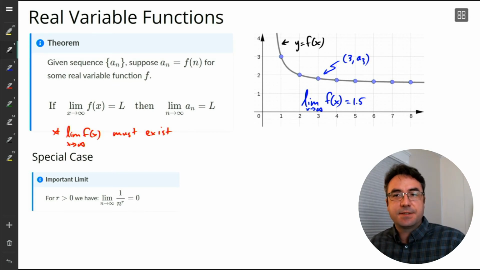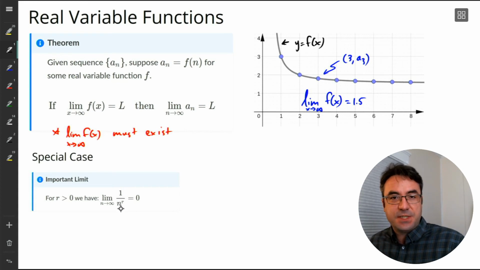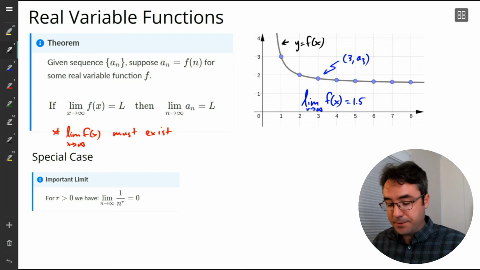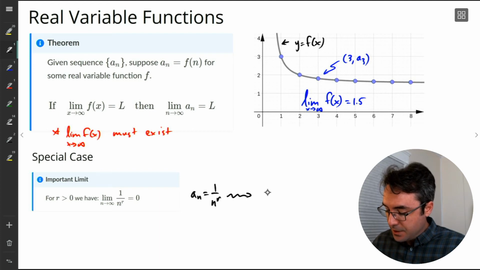So why is this? Well, we can relate this sequence here to a real variable function. So essentially, we can say a sub n, which is 1 over n raised to the r, we can relate that to a real valued function, 1 over x raised to the r.